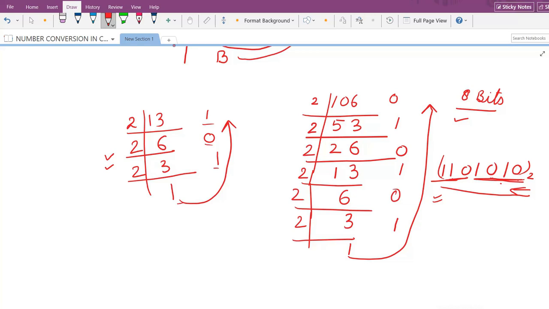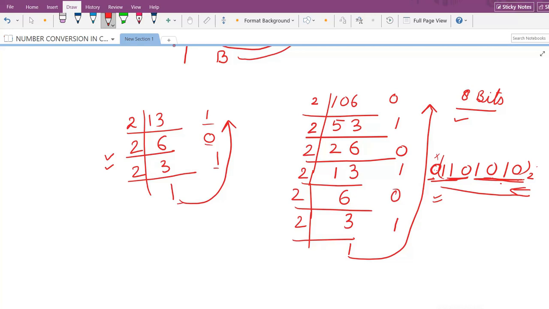Here it is coming only 3 bits, so just to make it properly complete 8 bits, we put extra 0. So make sure always the 0 will be put here. We will not put the 0 here. Okay, so please keep in your mind. So this is the proper way to show. Even if you don't write it, it will not make any issue, but still I'm just giving you guidance in which way you can do it.